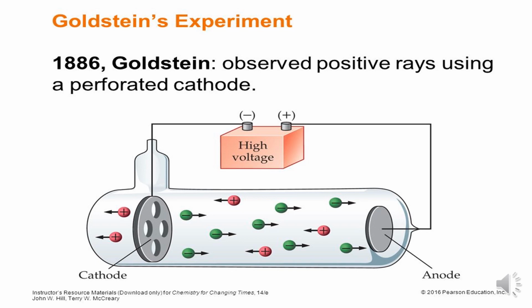The electrons coming from the cathode collide, that is, they hit with high speed against the hydrogen atoms.